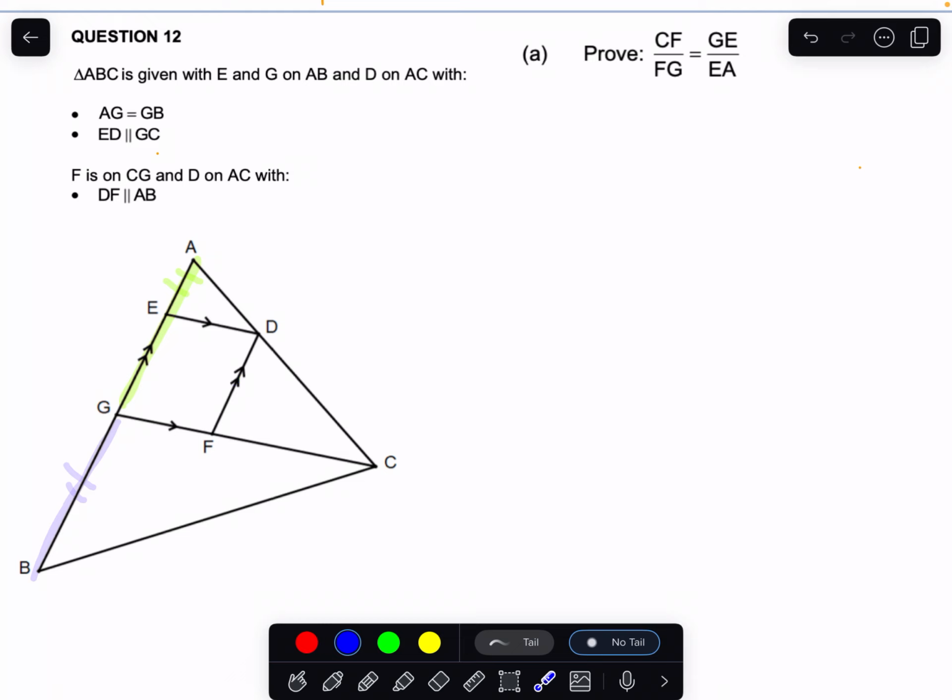Right, first task is to prove that CF over FG is equal to GE over EA.